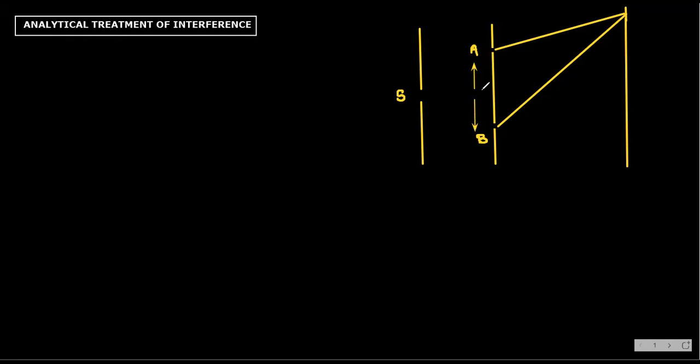I am giving this point the name point C. This distance is capital D, the distance between the slits and the screen. Okay, this is capital D.